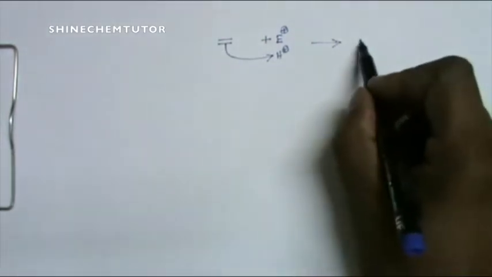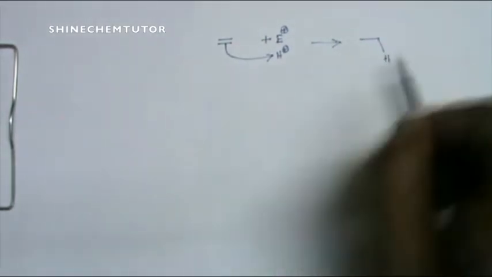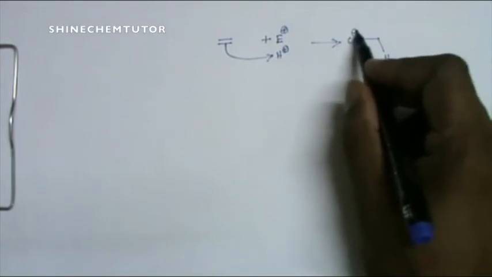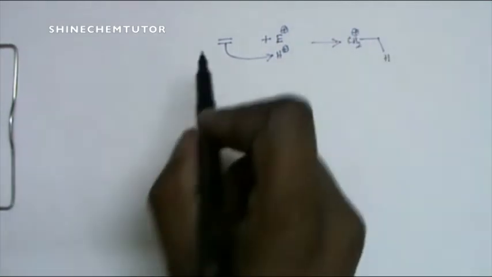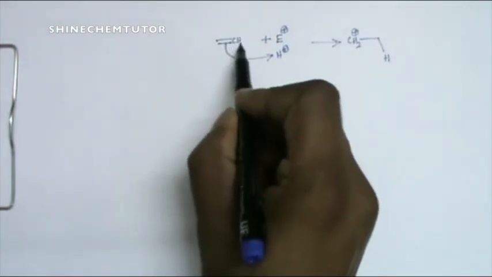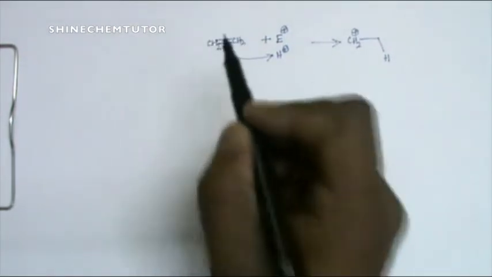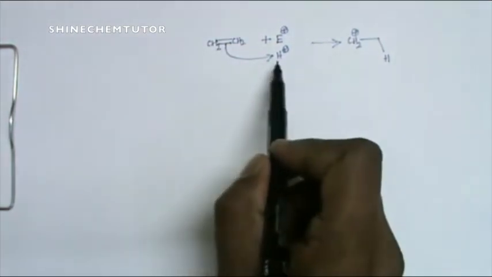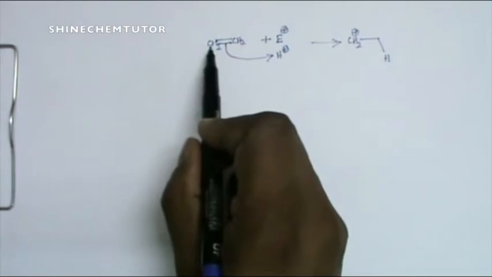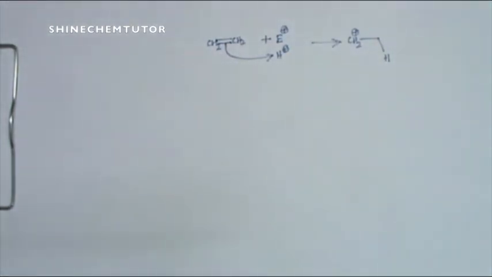When this bond is added to hydrogen, what we get is plus charge on the other carbon. This bond is common for this CH2 as well as this CH2. When this bond is used to make a bond with hydrogen, the valency for this carbon becomes only 3. So there should be plus charge on this carbon.